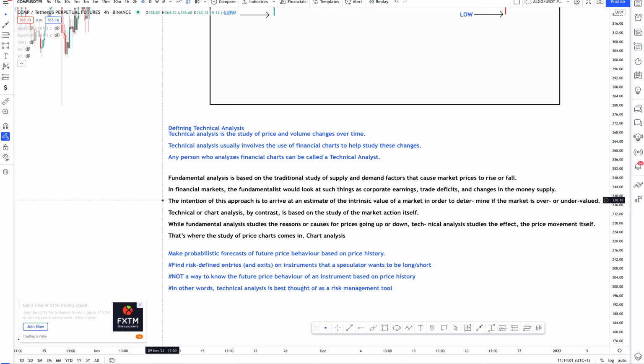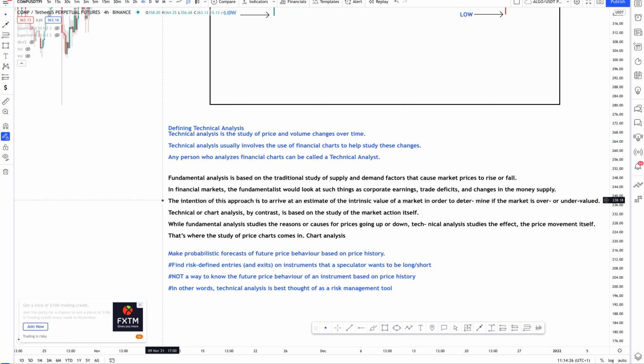It says that in the financial market, the fundamentalist would look at such things as corporate earnings, trade deficits, and changes in the money supply. The intention of this approach is to arrive at an estimate of the intrinsic value.